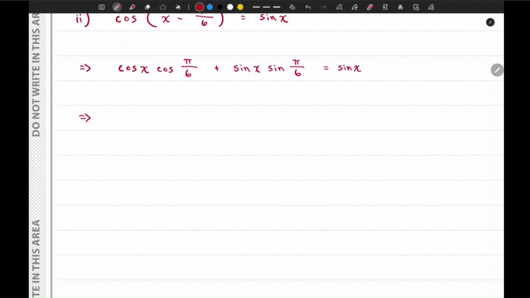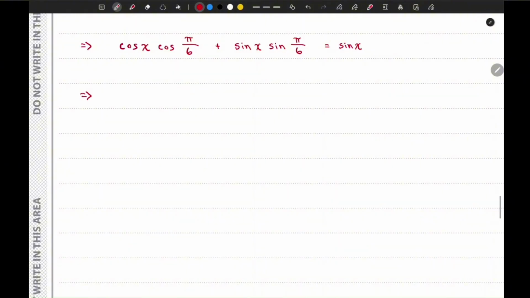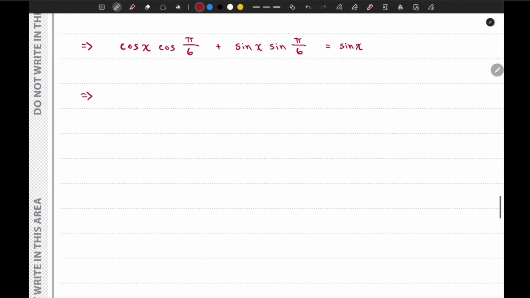The value of cos pi over 6 is root 3 divided by 2, so it's root 3 over 2 cos x. And the value of sine pi over 6 is 1 over 2, so it's 1 over 2 sine x equals sine x.